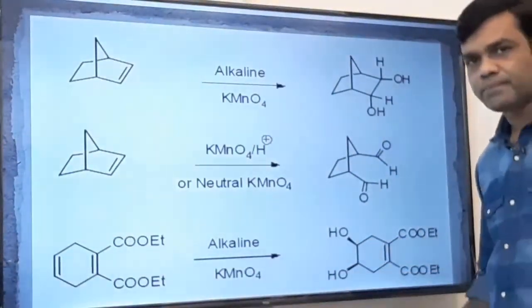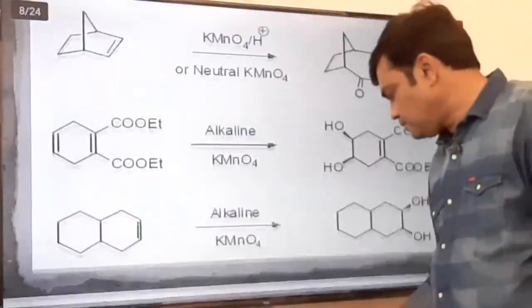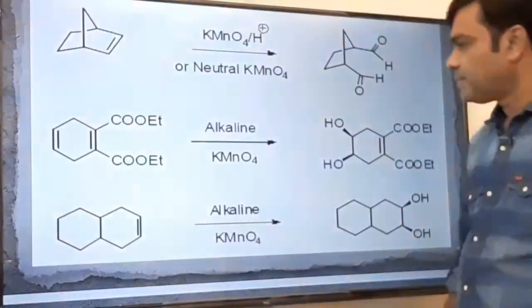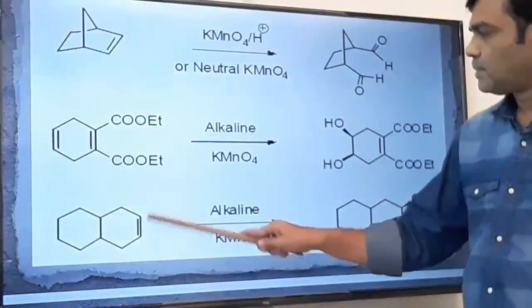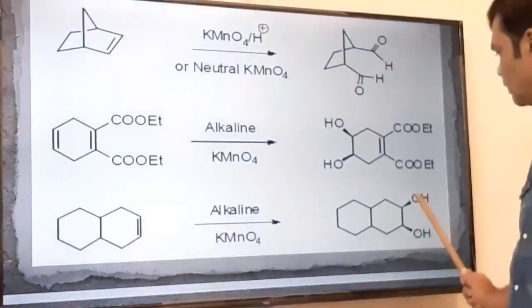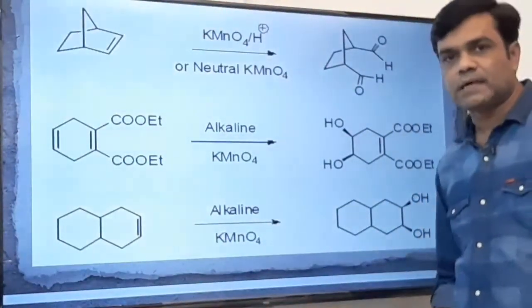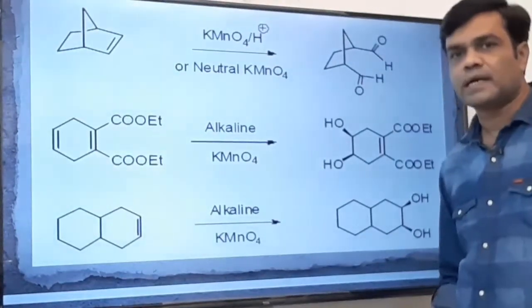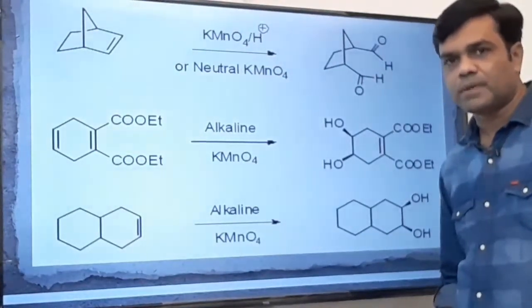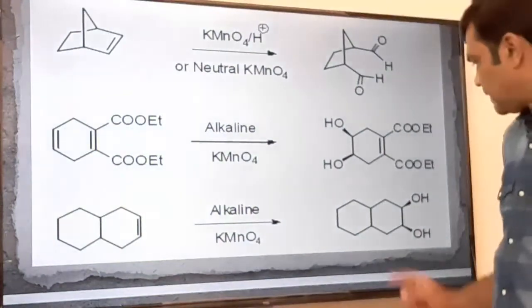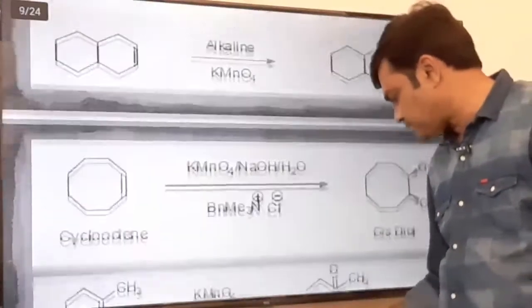It is interesting. See this one example, it is again simple, a carbon-carbon double bond is there and two OH groups are added. So these two dark lines indicate that it is a cis diol, means both the OH groups are added across the carbon-carbon double bond from the same side. So we get cis diol here.